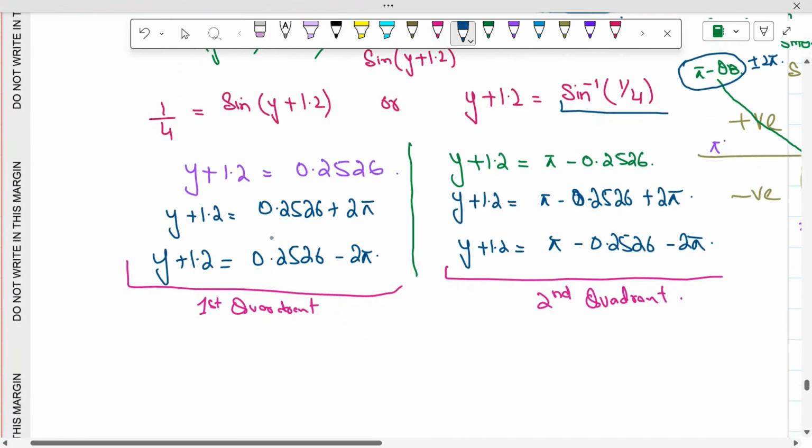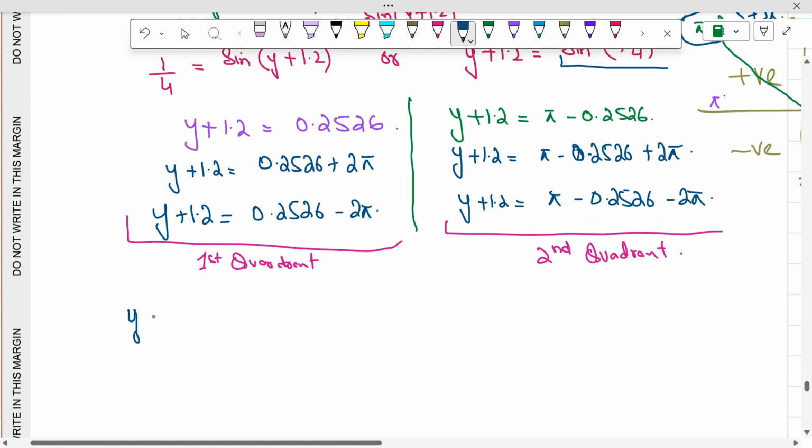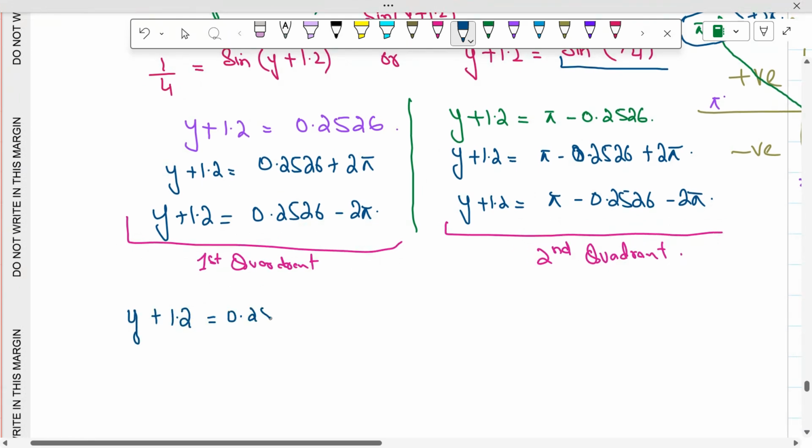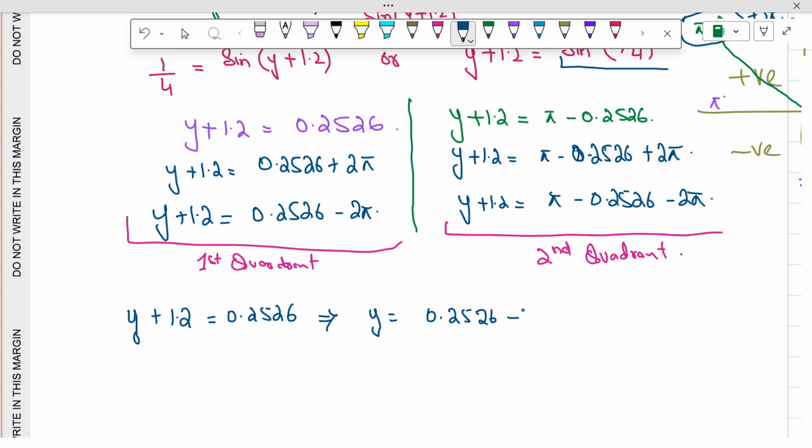Okay, so first, from y plus 1.2 is equal to 0.2526, on solving we will have y is equal to 0.2526 minus 1.2, and this is equal to negative 0.947.